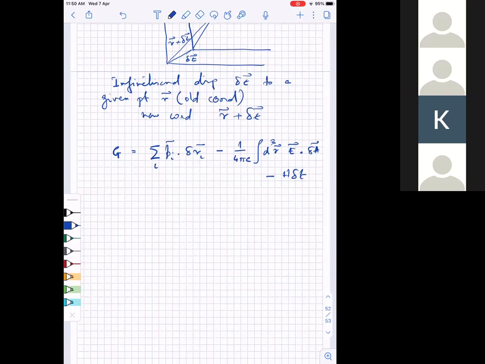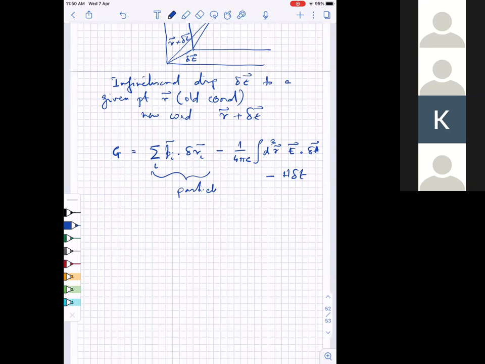Now, for this infinitesimal transformation, so this is the particle part. The change to this particle part is very easy to do, right?